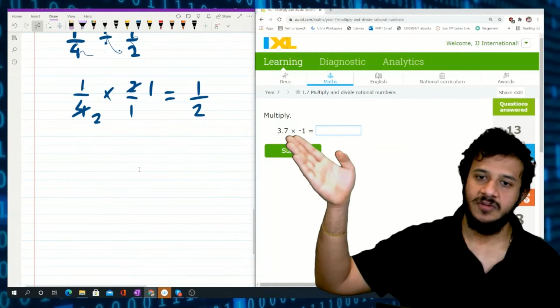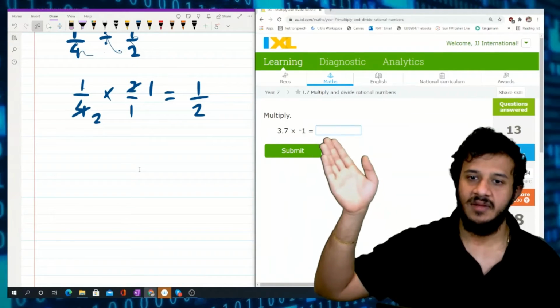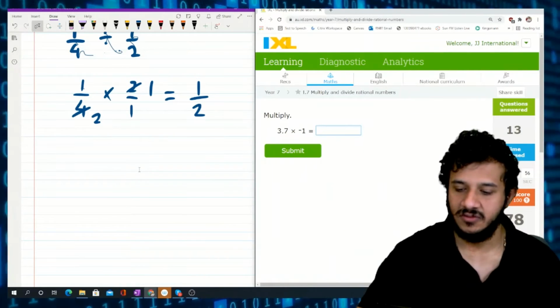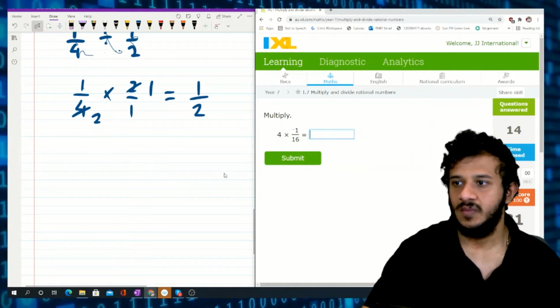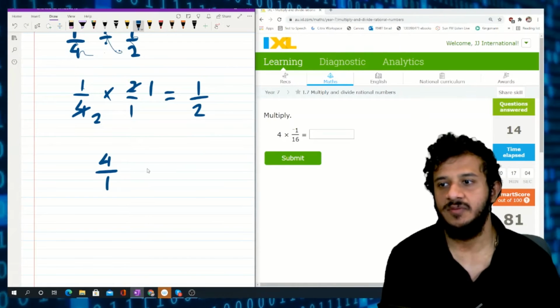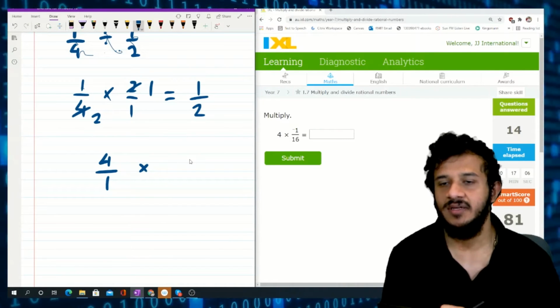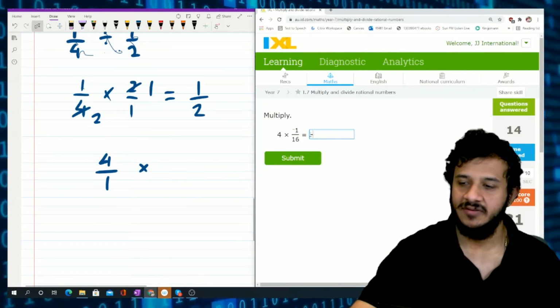A positive multiplied by a negative is negative. And then anything times 1 is itself. So it's going to be negative 3.7. And then here also we can do it 4 times 4 over 1 multiplied by, oh, by the way, I forgot about that. A positive multiplied by a negative is negative.